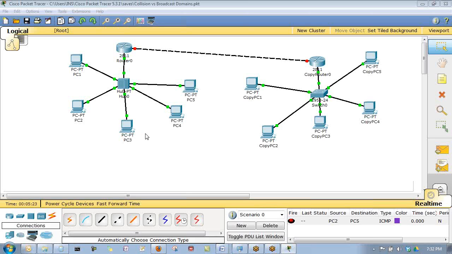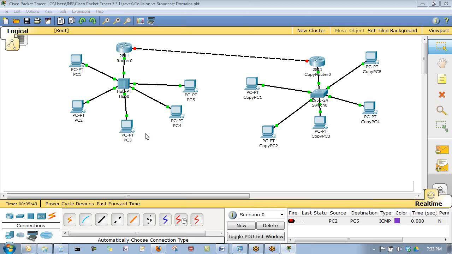So, guys, one of the reasons why we create subnets is to break up collision domains. As we know, if you have a really large collision domain, it's going to degrade your network's performance. The bigger the collision domain, the more collisions you have, the slower the data is going to move through your network.